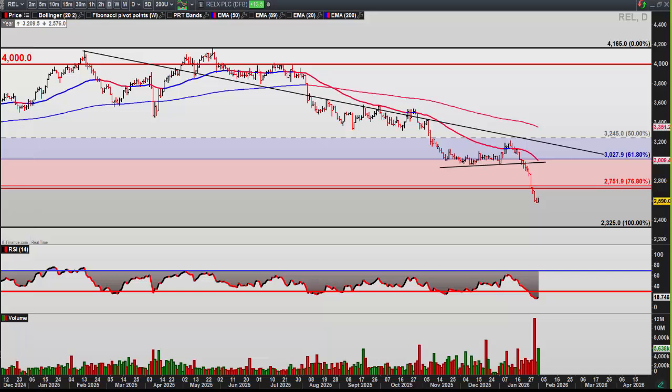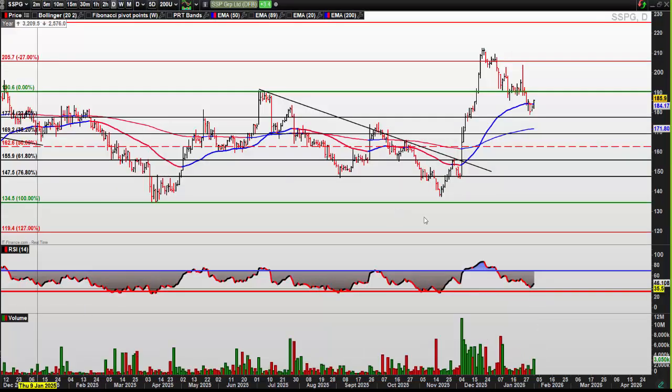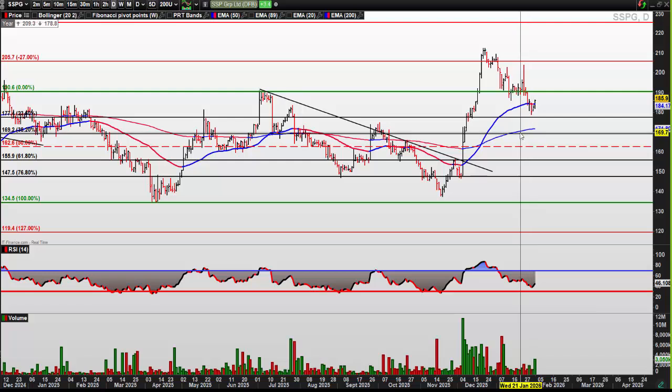Let's look now at, let me get my list, hang on. Well, we've got to look at SSP, because you mentioned that. As you said, SSP's just gone ex-divvy as well, I think.